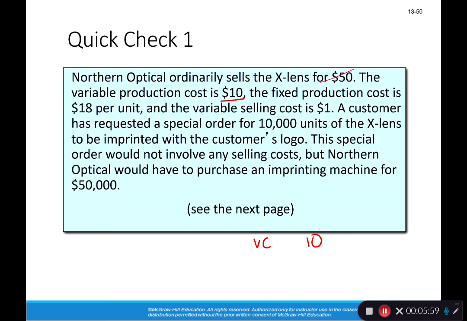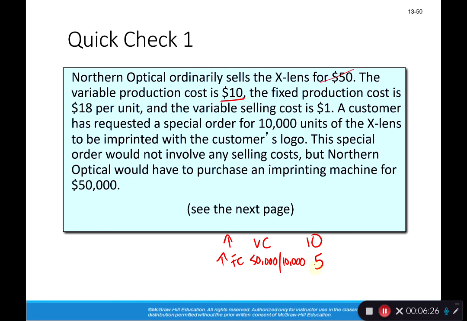It says the customer requested a special order for 10,000 units imprinted with the logo, and in order to do that I need to buy an imprinting machine. So there's going to be an increase in fixed costs of 50,000, and we're going to spread that out over the 10,000 units to figure out how much money I need to get back per unit in order to pay off that additional 50,000 cost.